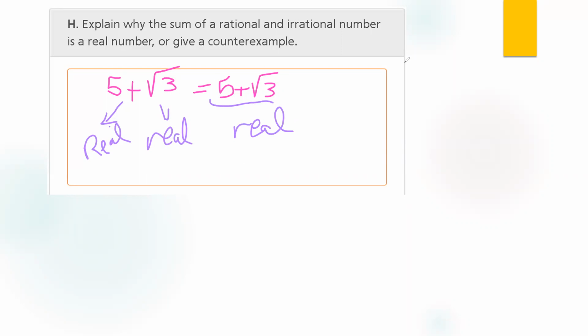Why? I will write the explanation here, or give a counterexample. So let's write here: true.